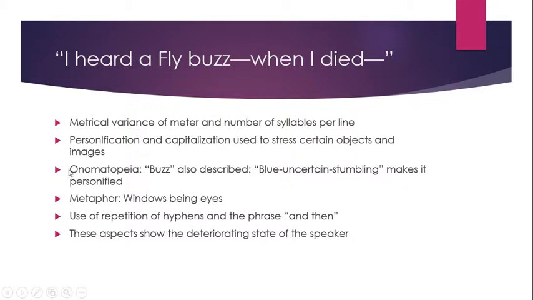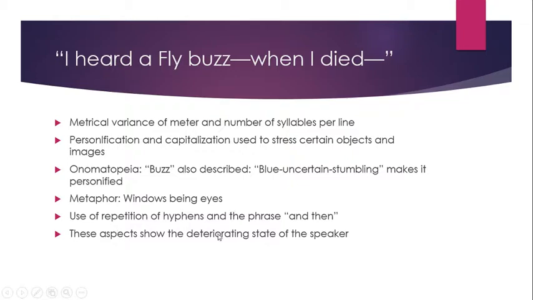We have a metaphor with the windows being eyes. So the speaker says the windows failed, and in this sense we can infer that the windows are the eyes, right? That this cannot see to see means that the speaker's eyes have closed.